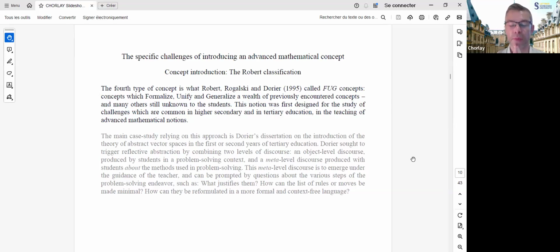So the main work designed in this context is Dorier's dissertation in the 90s on linear algebra. So there are many publications on linear algebra in the 90s, and there's a book which I recommend, published around 2000, on various strategies to introduce abstract linear algebra in the first 2 years of higher education.